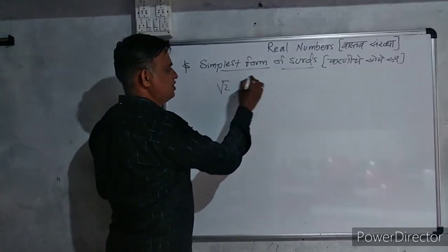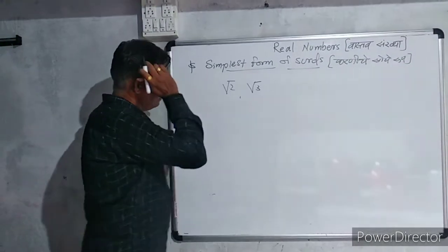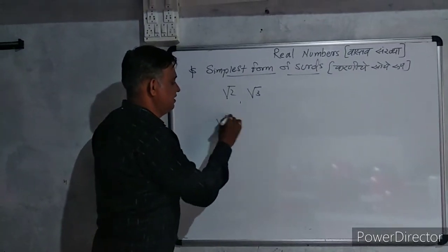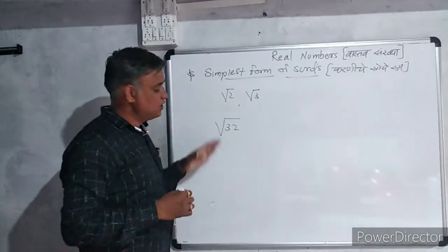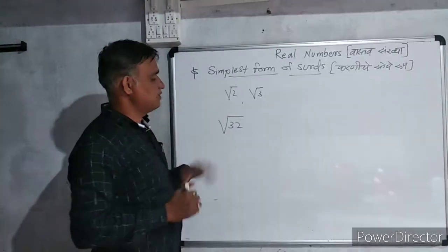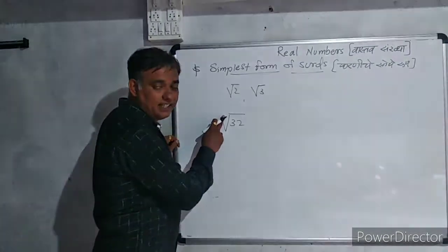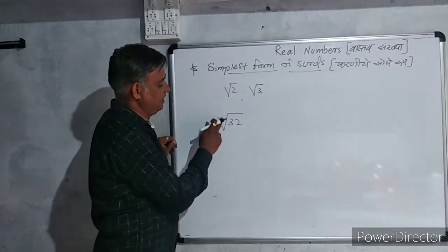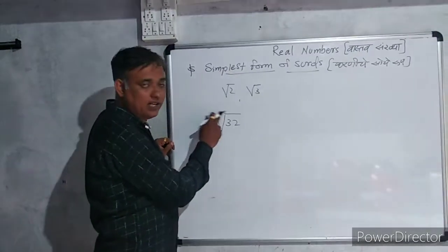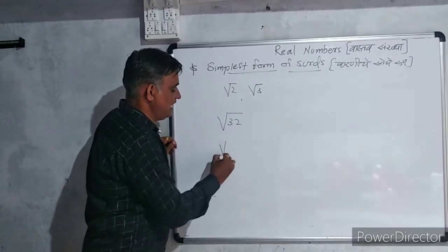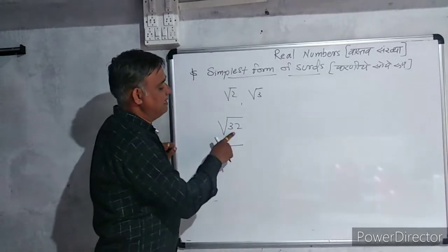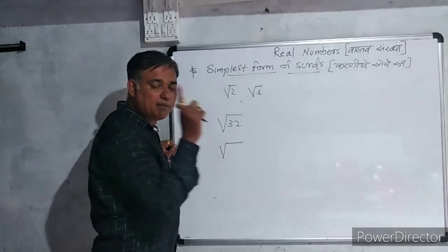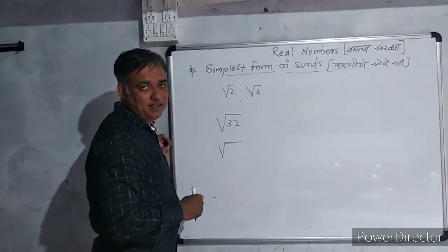Radicand 3, it is also simplest form. Okay, but suppose I write here radicand 32. It is not the simplest form of the surd. The order of surd is 2. कोटी 2 आहे. So we have to factorize 32 as one factor is complete square. मग आपल्याला या 32 चे असे अवयव पाडायचे की एक पूर्ण वर्ग असला पाहिजे.